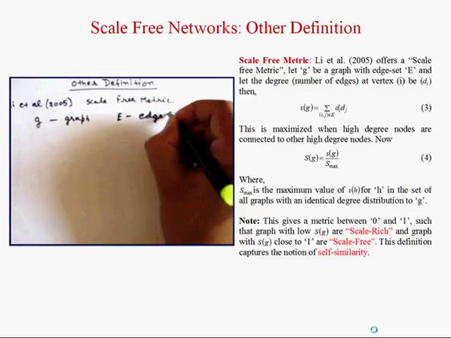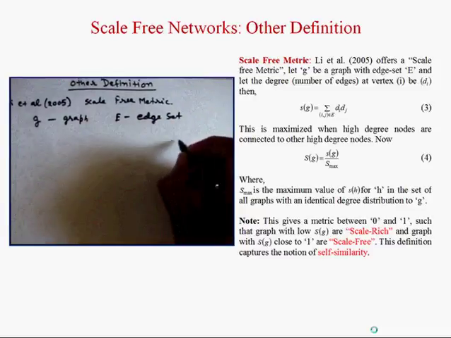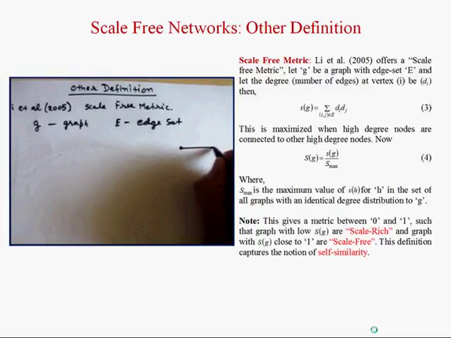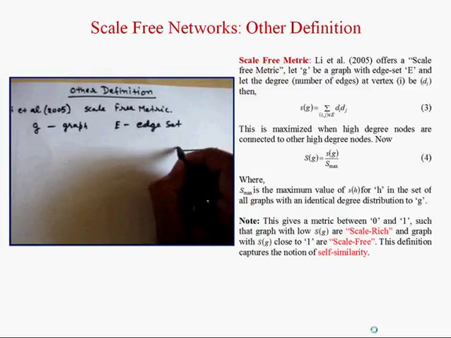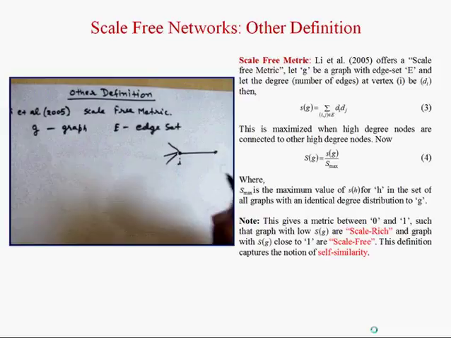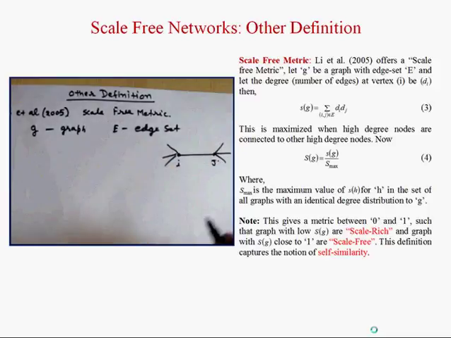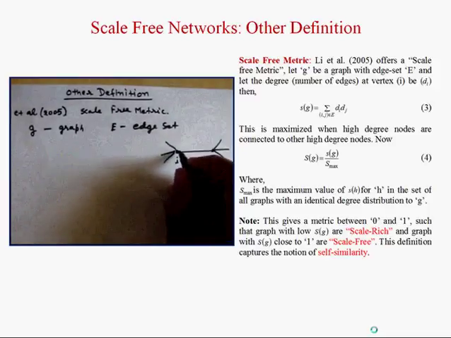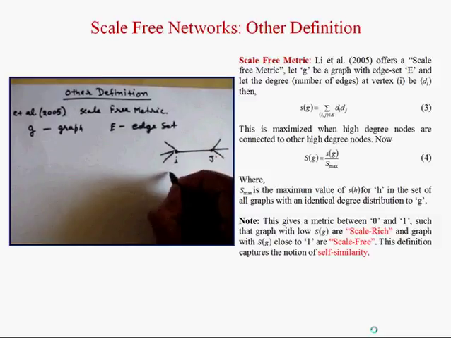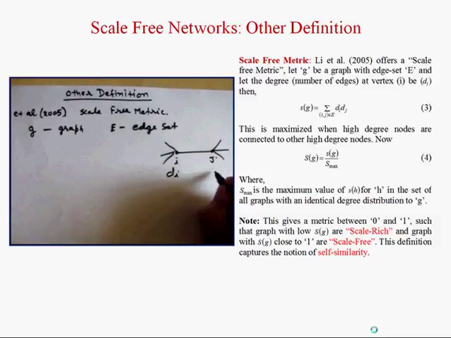Then for nodes i and j, suppose this represents node i with some degree, and this represents node j. We represent the degree of node i by di and the degree of node j as dj.